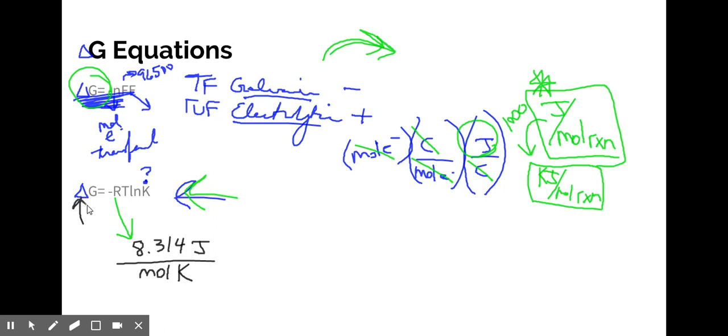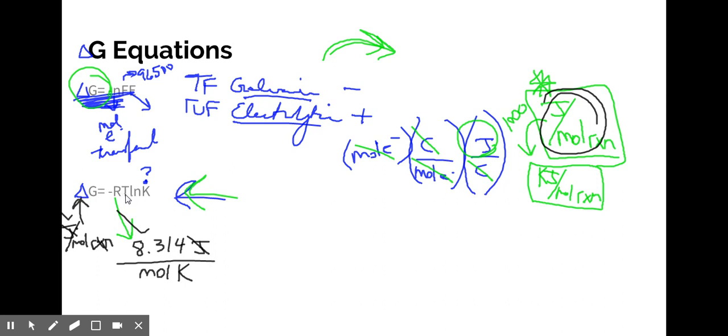So when you plug in delta G here, you have to make sure that it's in that form, joules per mole reaction. The reason why is because we have to make these two units right here cancel out. So you have to use this value. You have to make sure delta G is in joules.